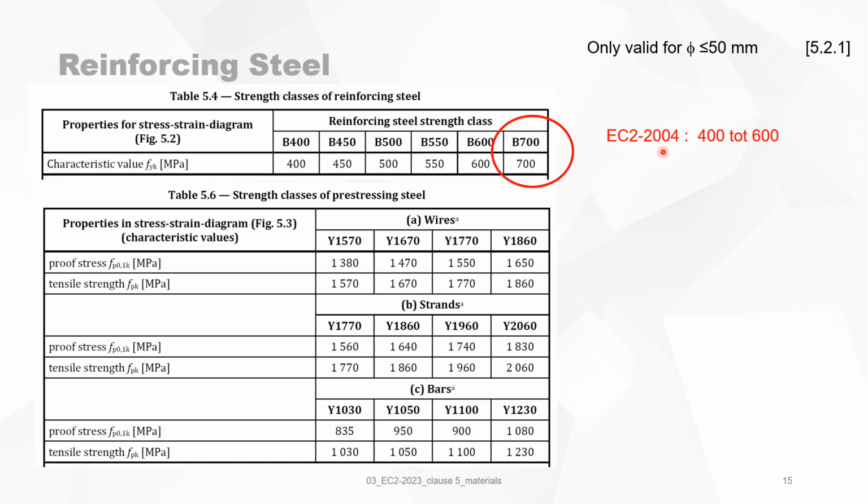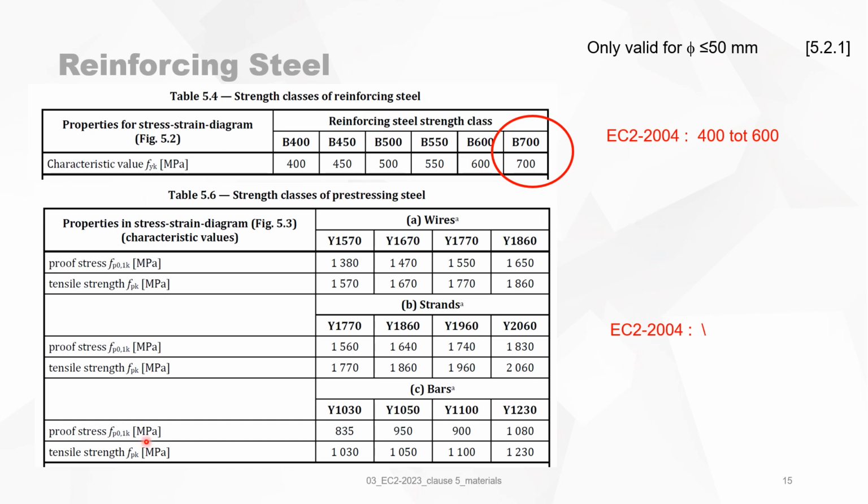So in the previous code it was from 400 to 600, but now they've chosen specific classes, which makes it easier for us, and added B700. There is also a strength class for prestressing steel, which did not exist like this in the previous code. So this is also very handy to define wires, strands and bars for prestressing steel. It makes it clear.